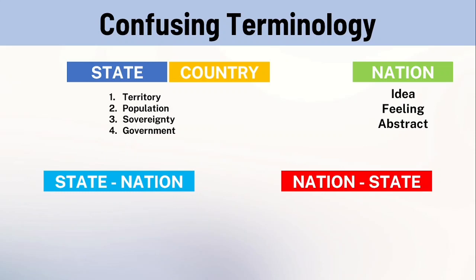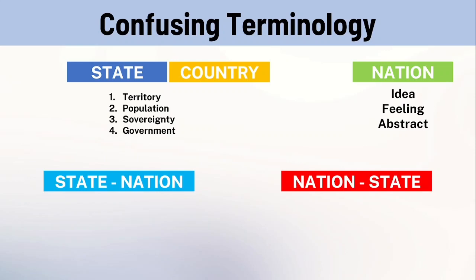What about a nation? We often think that nation and country are the same, but no. State and country are tangible. They're actual things. They're actual territories which have a population, and the people have supreme power and authority over their territory, and that's being governed by an institution like the government. Where the nation is different.